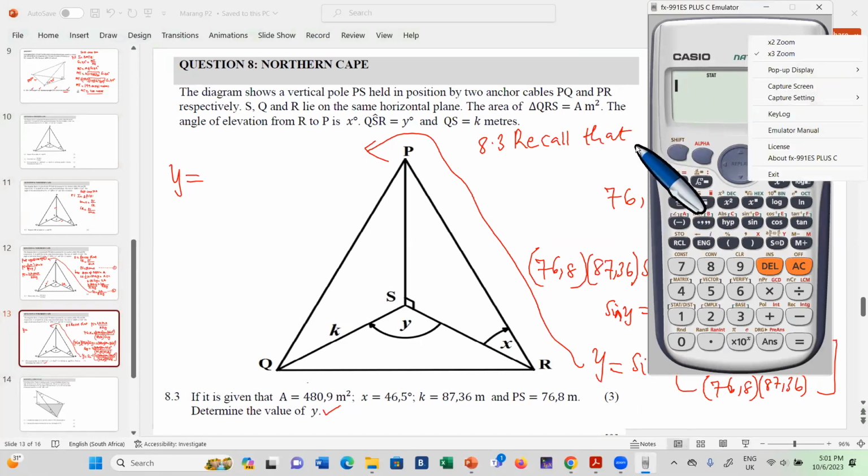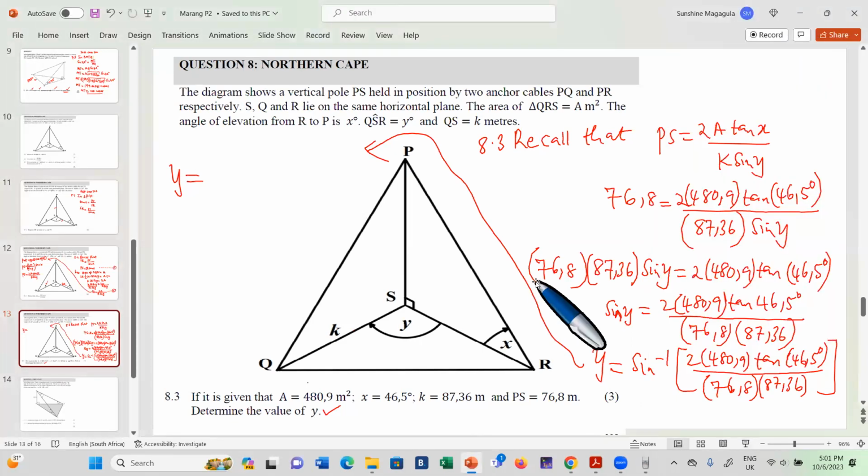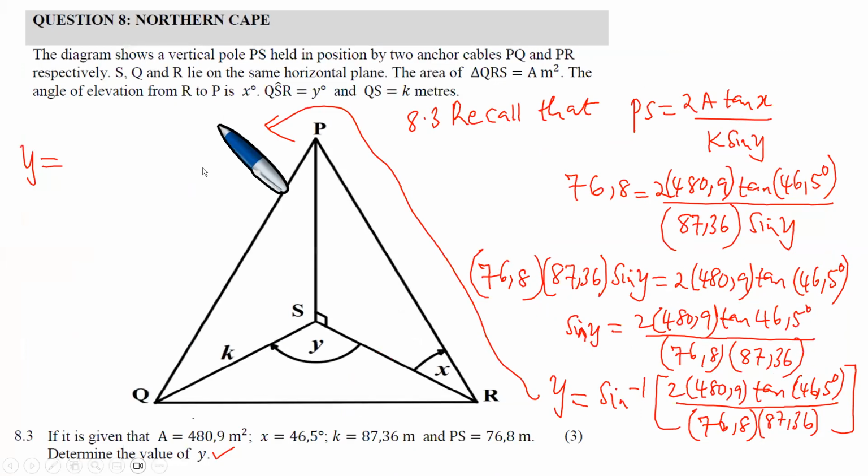Let's first write this, and then I'm going to bring the calculator on the screen, to avoid an error. So we have the trigonometric sine. I'm just transferring all this information to the left-hand side of the screen.